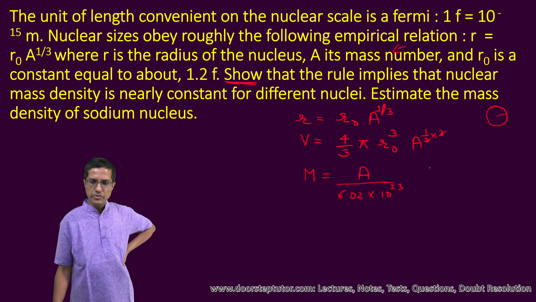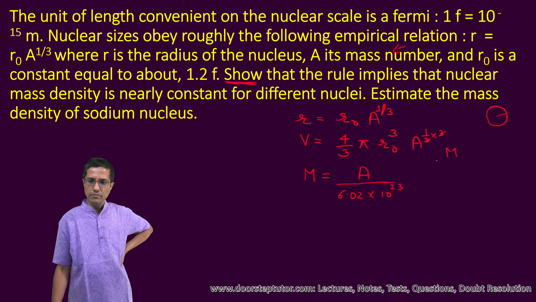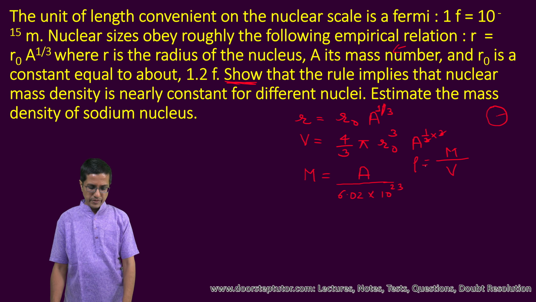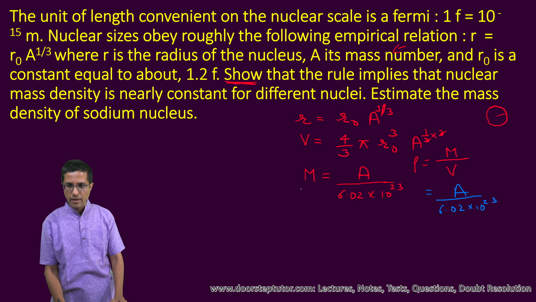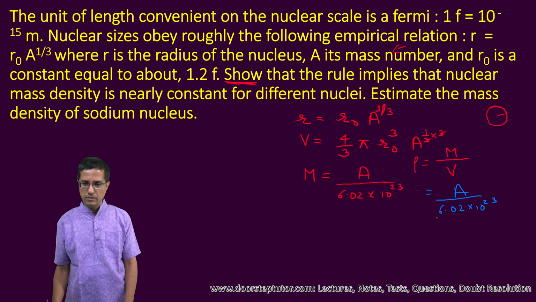So what about the mass density? That of course comes out to be mass by volume, and this we'll compute. Mass is given here. So this is A by 6.02 into 10 to the power 23, and this is in grams.